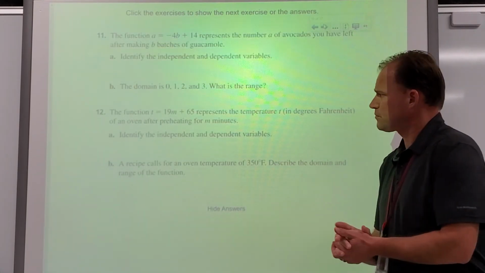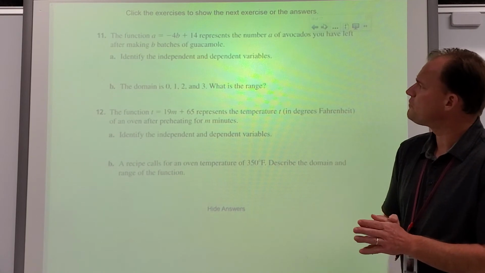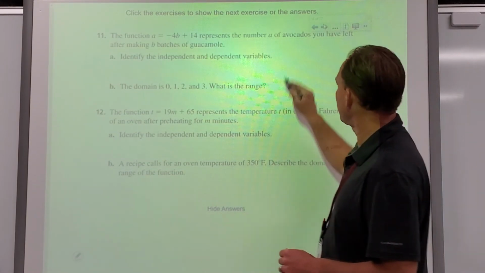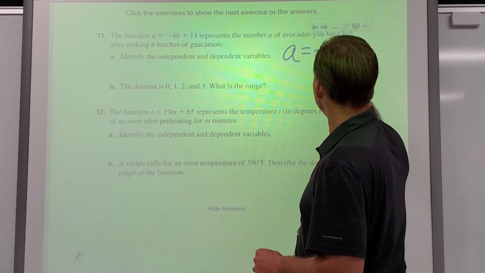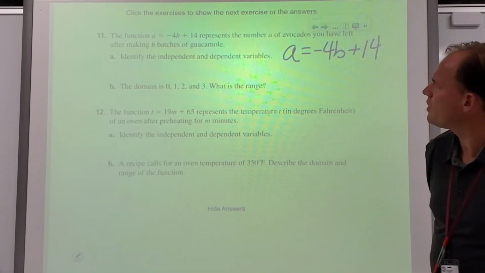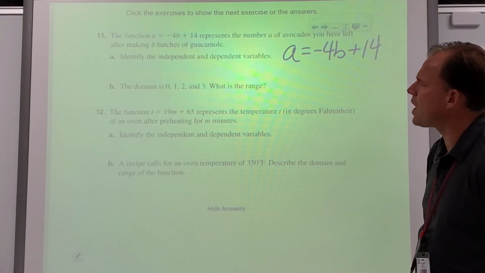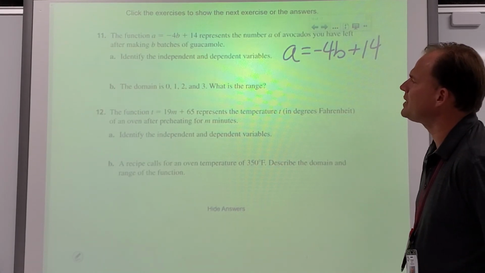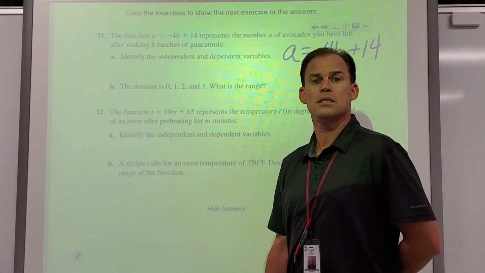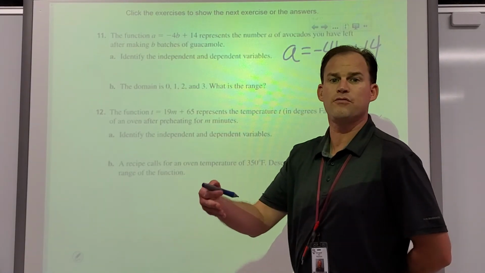So, the function A equals, I'll make this bigger, represents the number of avocados you have left after making B batches of guacamole. Identify the independent and dependent. So if I look here, which one is independent? Which one would I plug in for?